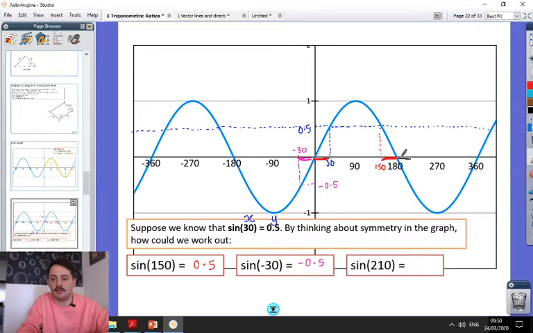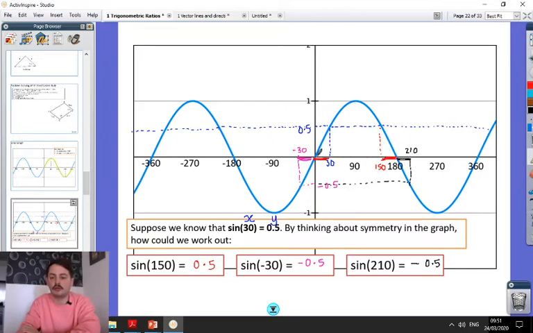So when I say I'm going to go along to 210, that means I'm going to be coming down to the graph, and because it's also got this idea of 30 degrees, it's going to correspond to this same negative value that we have over here of negative 0.5. So using these symmetrical properties, when I say the symmetrical properties, I mean recognizing we can go 30 in this direction and 30 back from 180 or 30 forward.